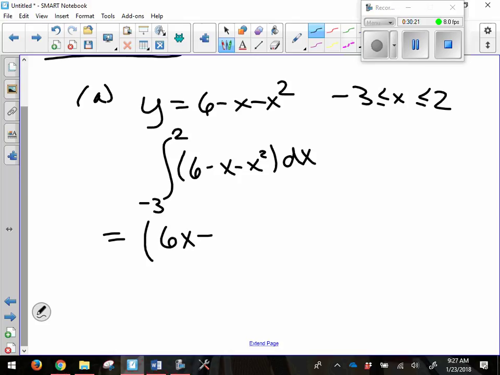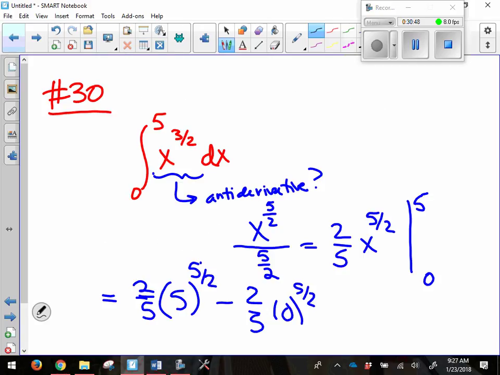I'm going to raise it to another power, right? So it's going to be x what? It's already x to the 1. So I add 1 to the power and I get x. Remember when we took the antiderivative back here?